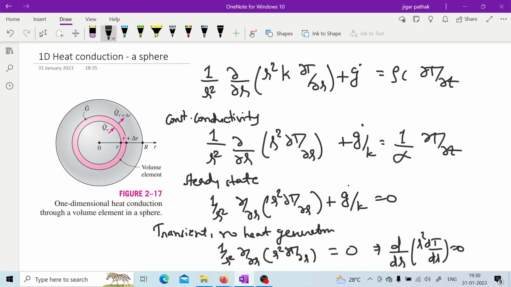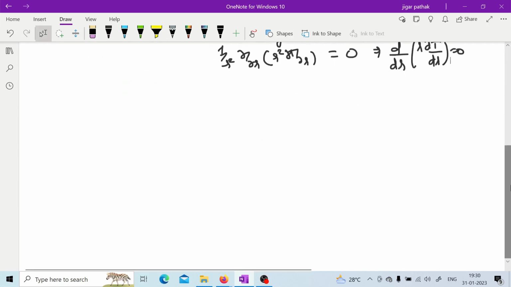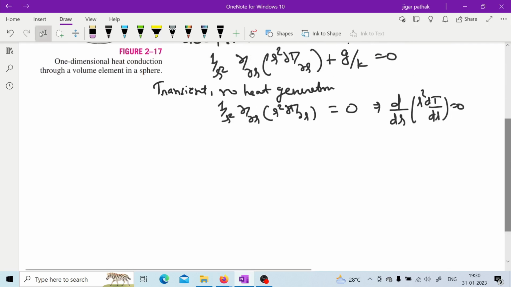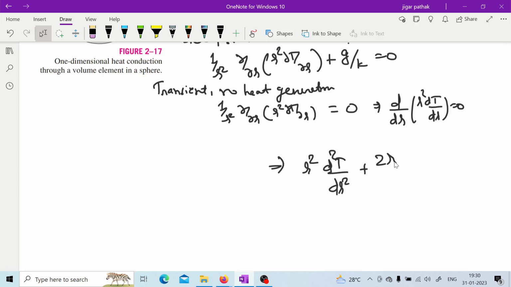So if you further simplify this, then you can write the differentiation of r square and dT by dr one by one. If you first differentiate dT by dr, then it will be like this. Then if you differentiate r square, then it will be like this, equal to 0.